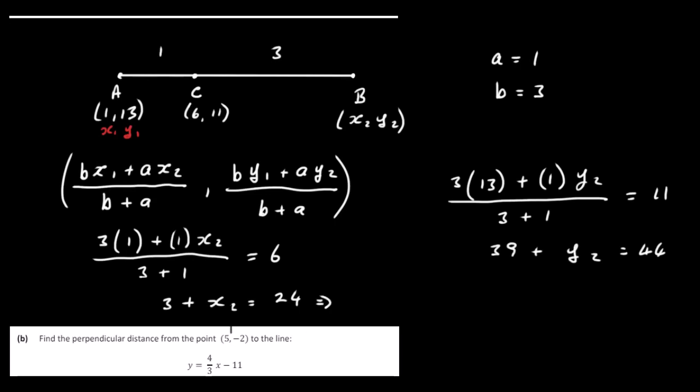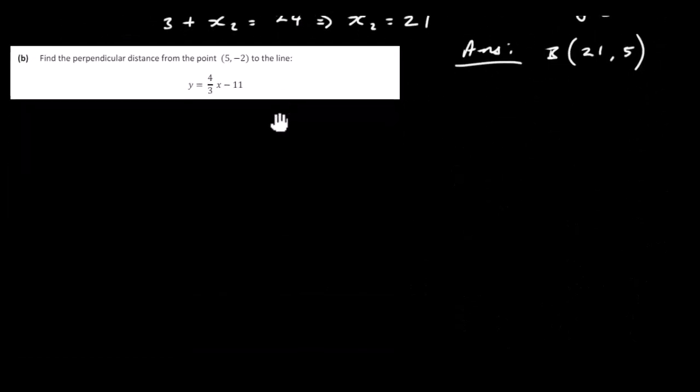So here we get our x2, which is 21, and here we get our y2, which is 5. So in other words, our answer B is going to be (21, 5).